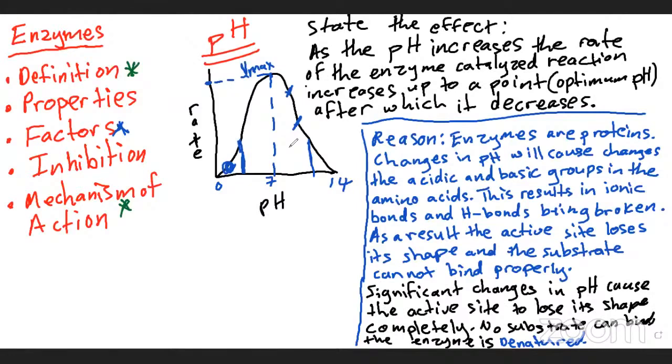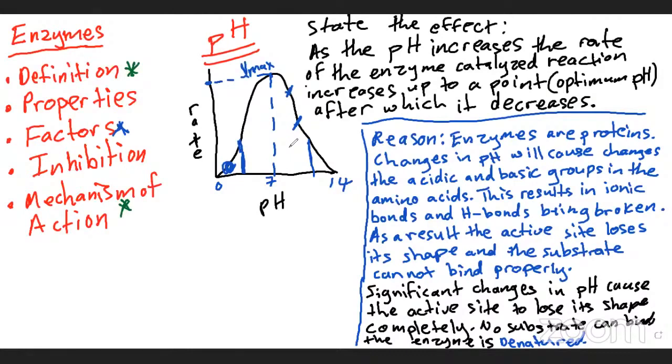So denaturation, you can look at it as a gradual process where the enzyme starts to change shape. The more you change the pH, the more the enzyme changes shape. When you make a significant change, that is when it completely loses its shape.